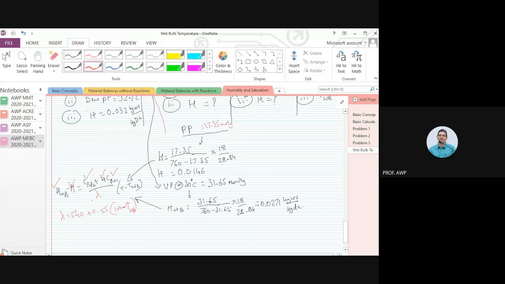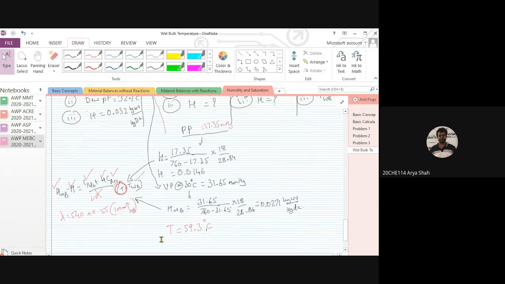So lambda also we know, and the only unknown is the temperature. So then we find the temperature. What is the temperature now? The temperature comes out to be 59.3 degrees centigrade.